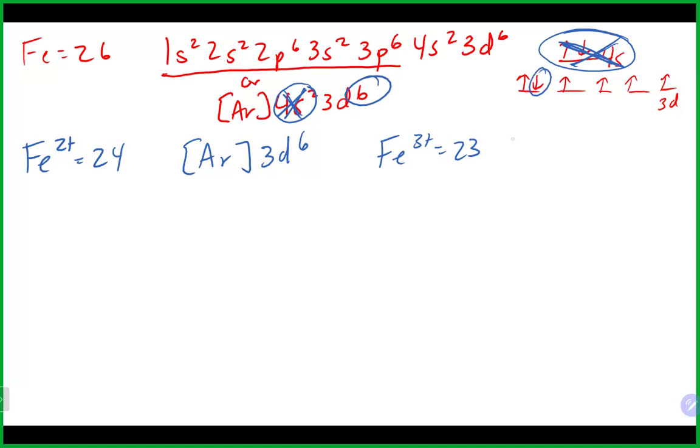And that would leave us with argon 3d5 in this case. So transition metals are a little bit different. Like I said, always the S's, and that happens all the way through the transition metal region. They will always dump those S's off first, and then the D's will follow.